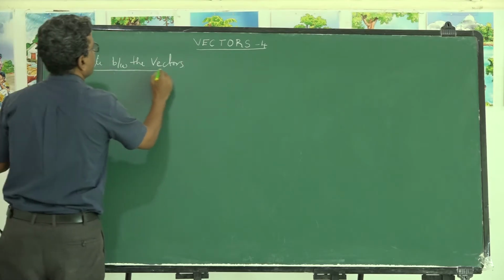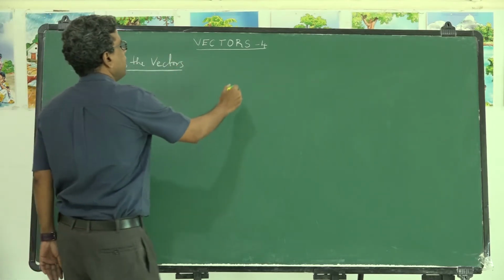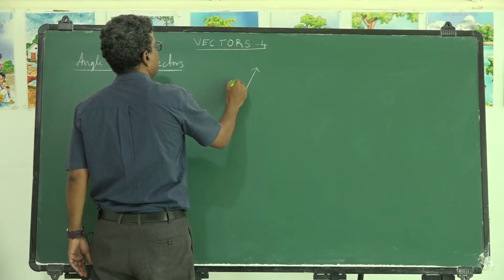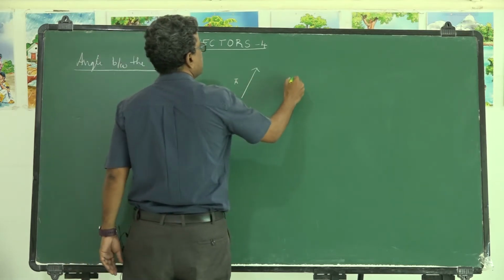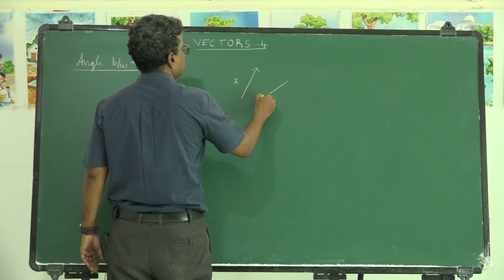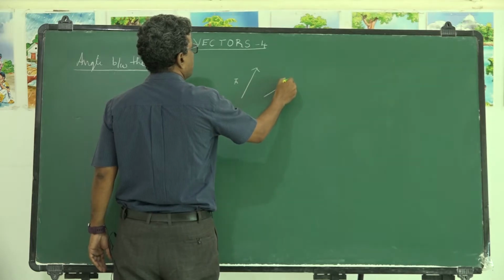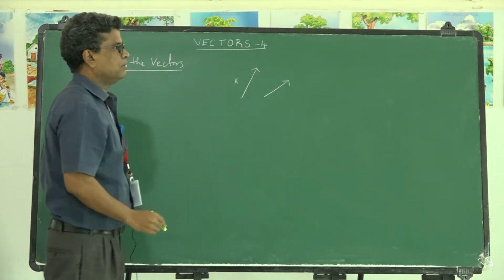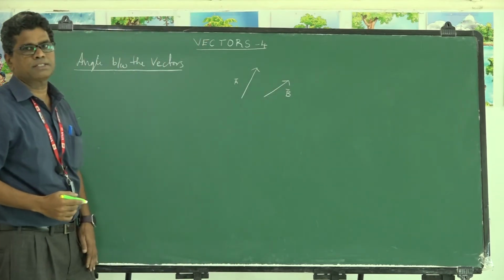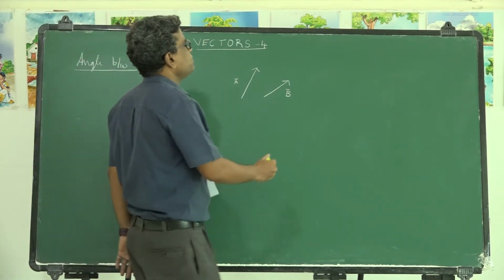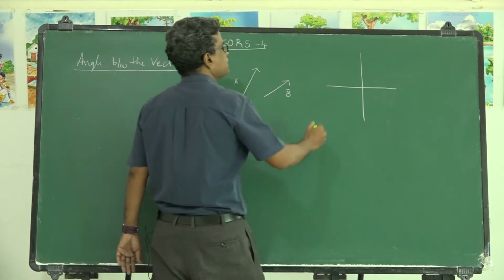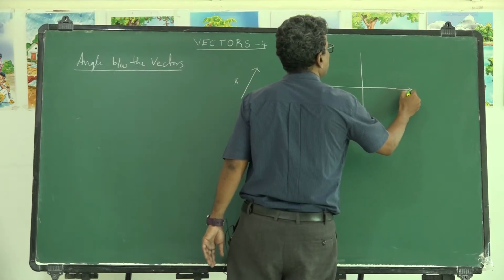How can we measure it? See, let there be two vectors, A bar and B bar. How can we measure the angle between these two vectors? You redraw these two vectors such that the tails are joined together.